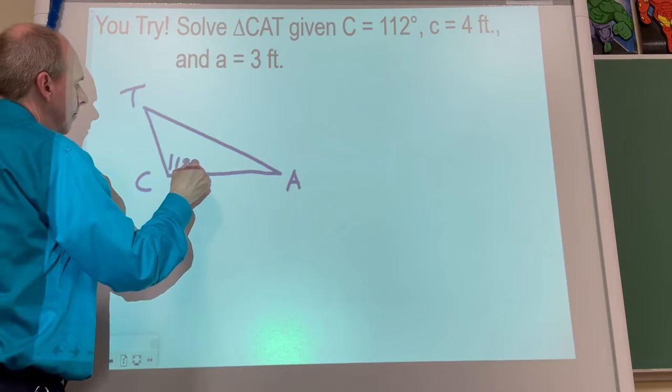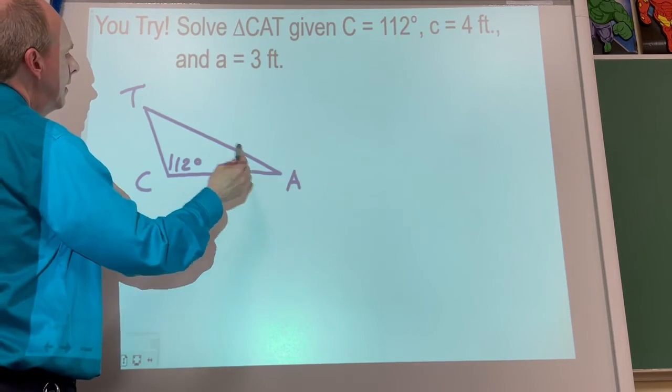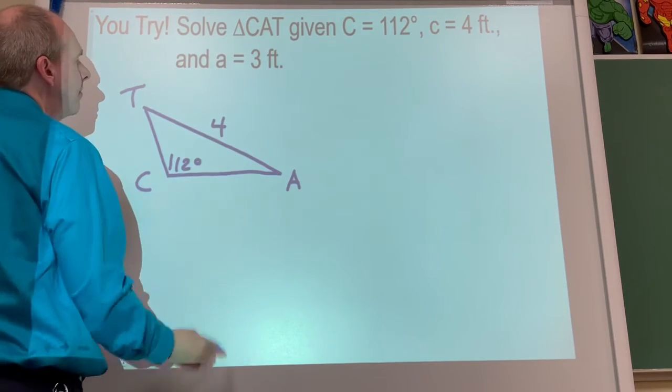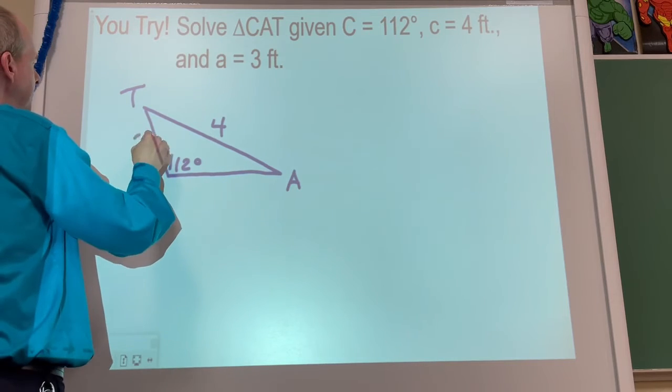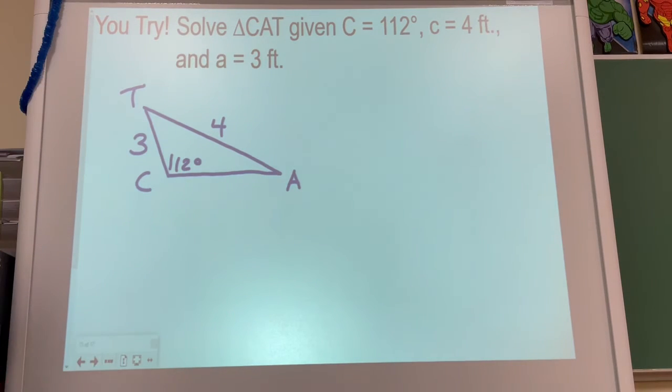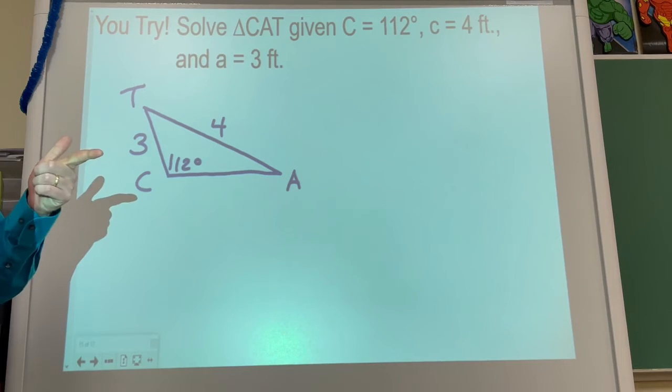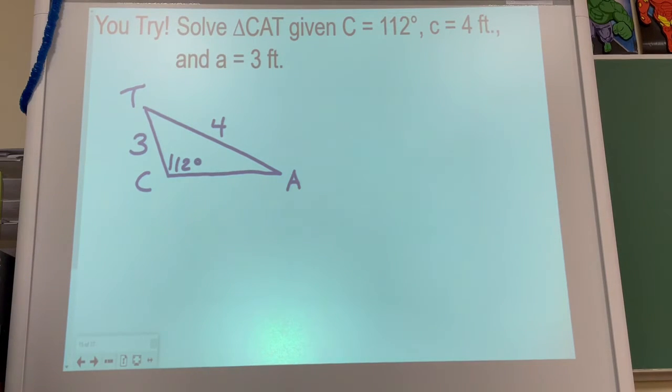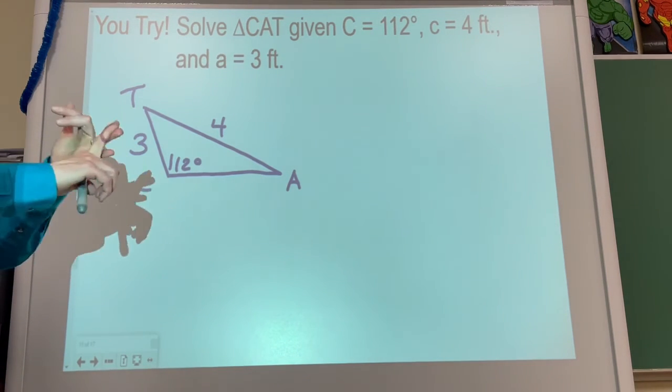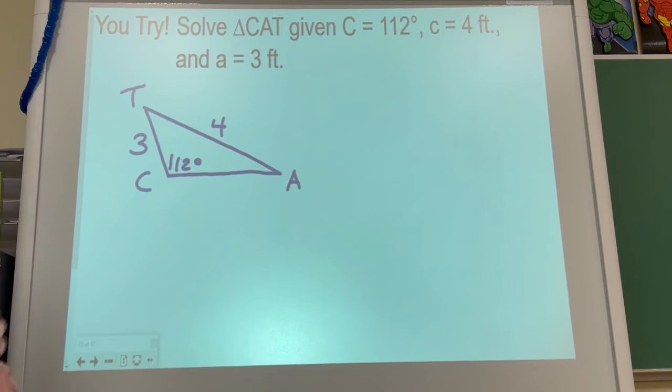So here's 112 degrees. C is 4 feet. A is 3 feet. If we're solving, that means we're going to need our other angles and our other sides. So we have side, side, angle. Ambiguous. Alrighty, I love it. I don't know if I'm going to have no answers, one answer, or two answers, but we'll figure it out as we go.